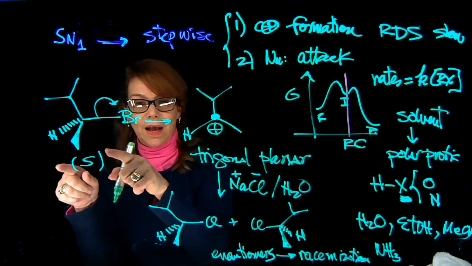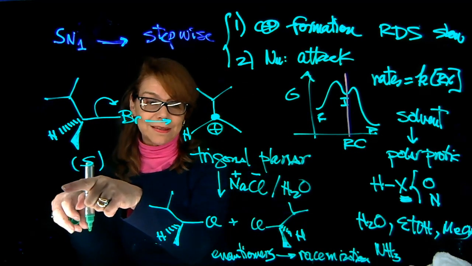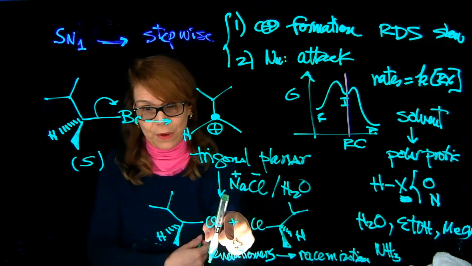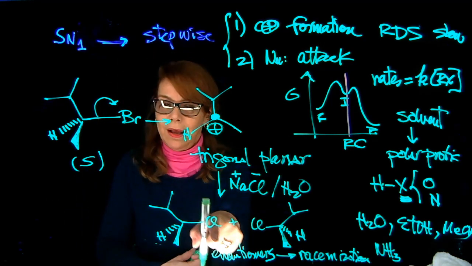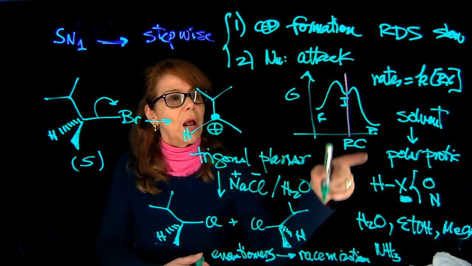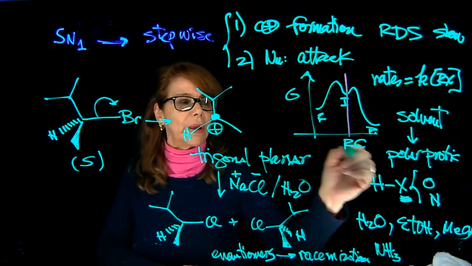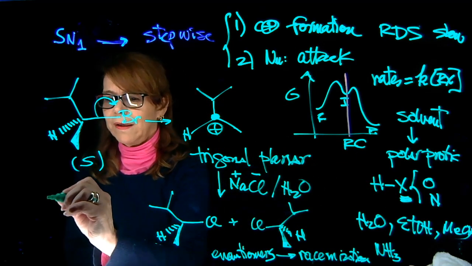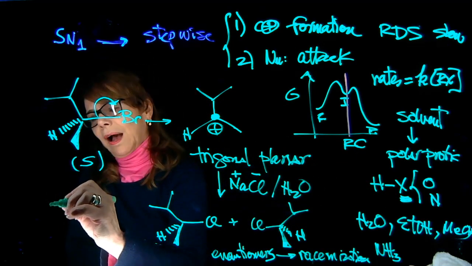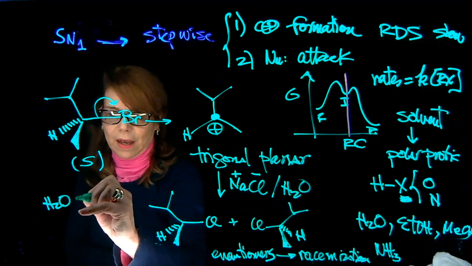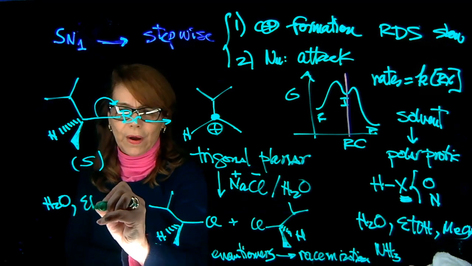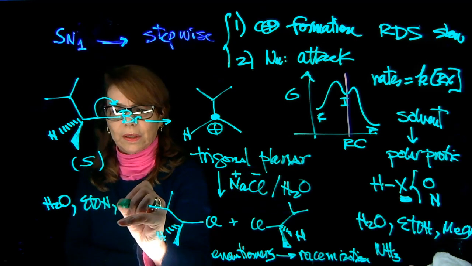Again, if this happens at a chiral center, you have two products, the enantiomers. The mix is optically inactive. And how do you recognize that as reaction conditions? Well, you can have weaker nucleophiles. And in this case, water can be acting as solvent and as a nucleophile as well. You can have ethanol and methanol.